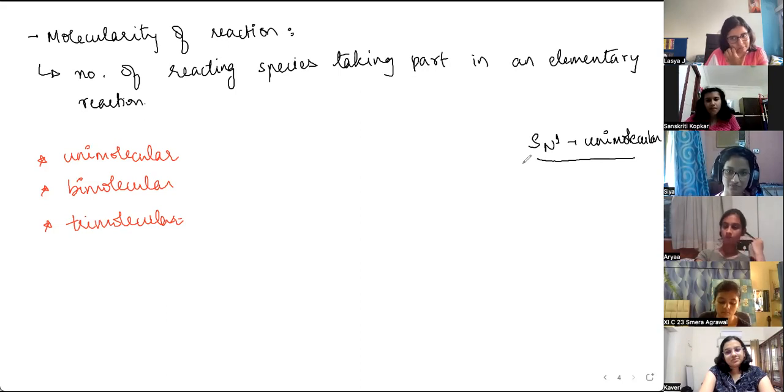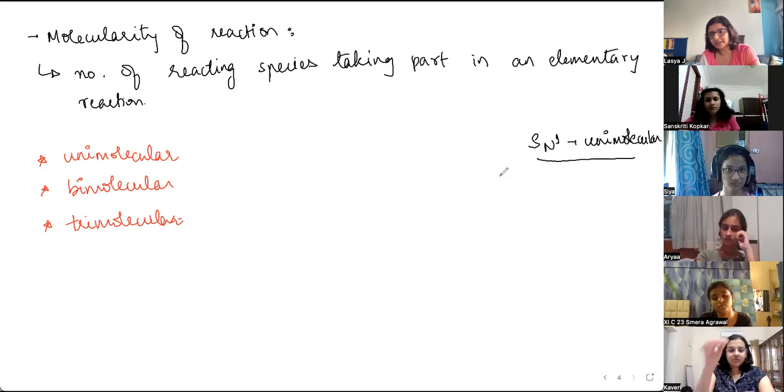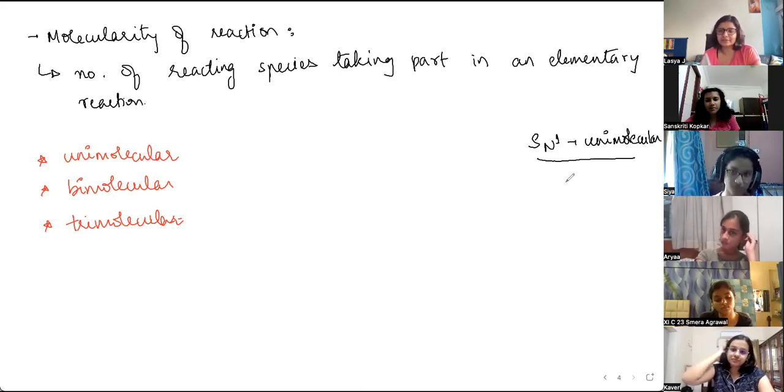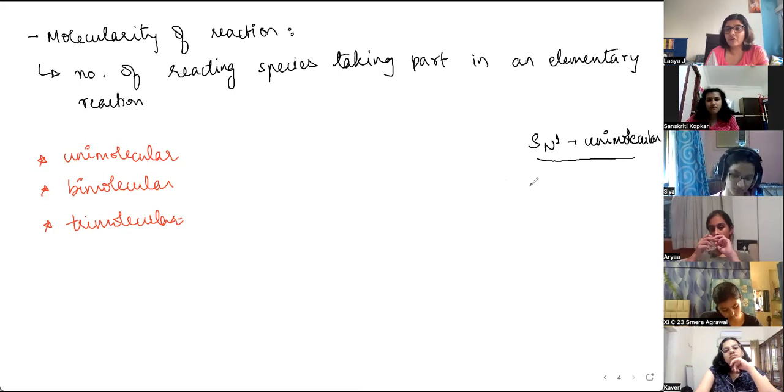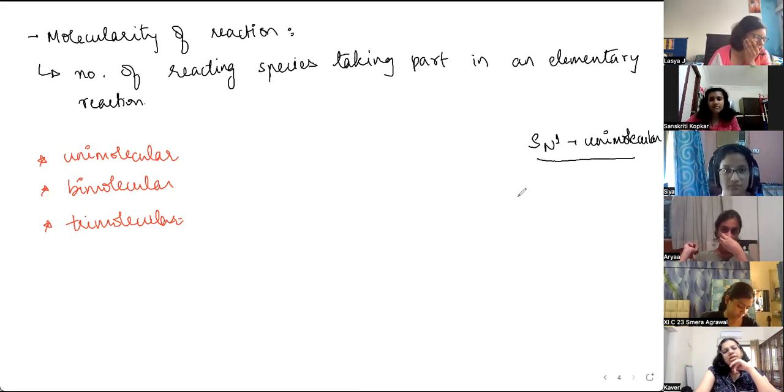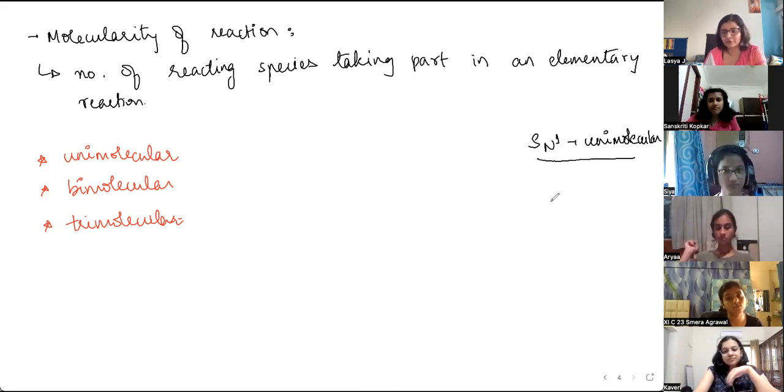So in unimolecular, for that reaction to take place, the rate determining step, the slowest step, what determines whether that reaction is going to go ahead or not depends on the formation of the carbocation. Carbocation, yes.